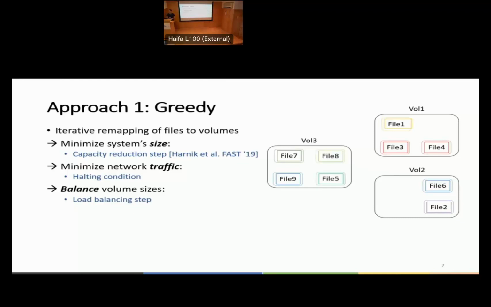You can read more in the paper about how we iterate between the 2 steps, how we remap at all, by which conditions. All of this is presented in the paper.